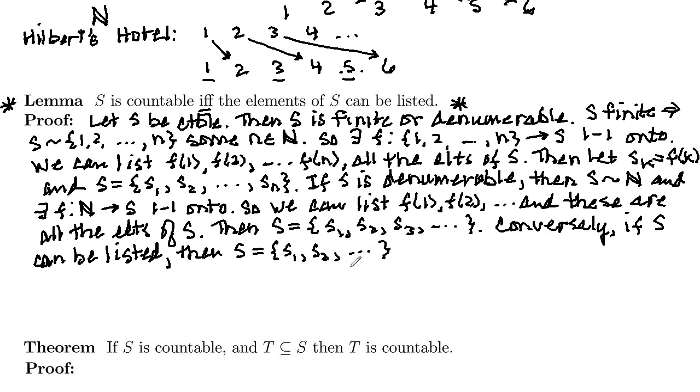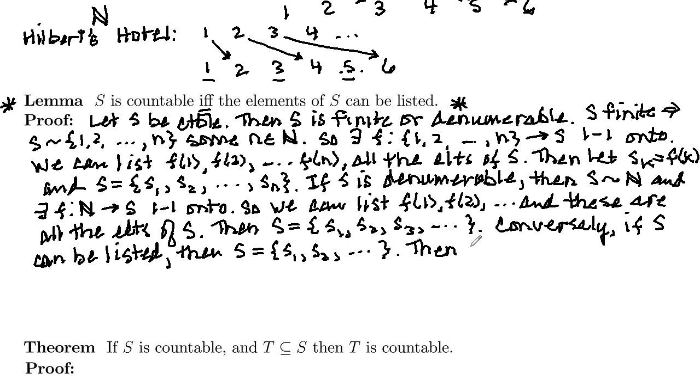Maybe finite, maybe infinite. If it's finite, that's the easier case. So let's consider the denumerable case. What we want to show is that it's countable, which means finite or denumerable. We assume it can be listed.